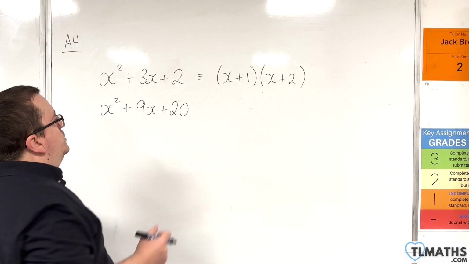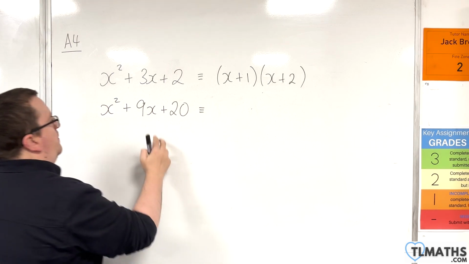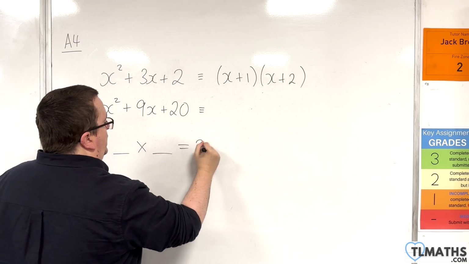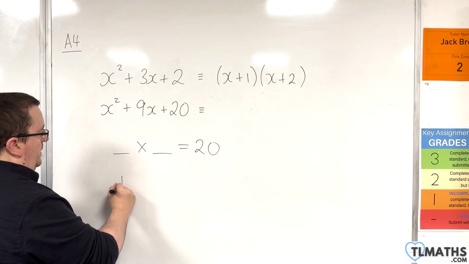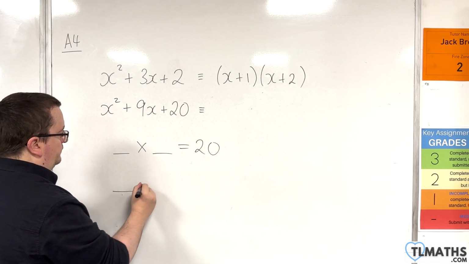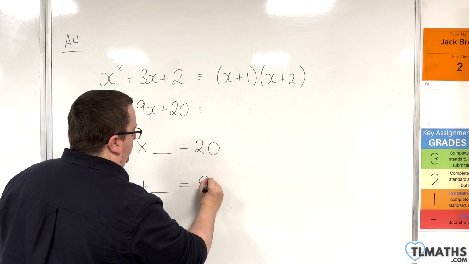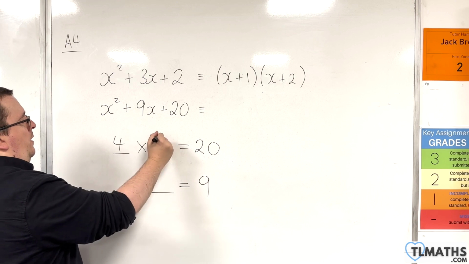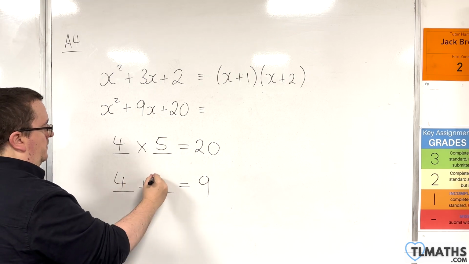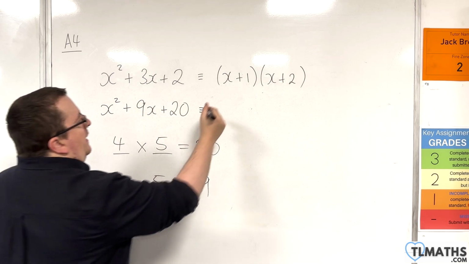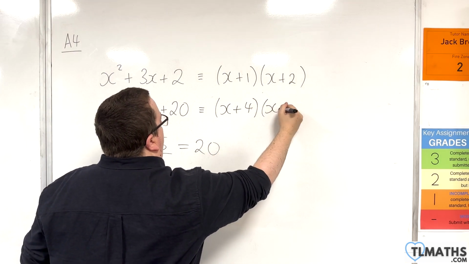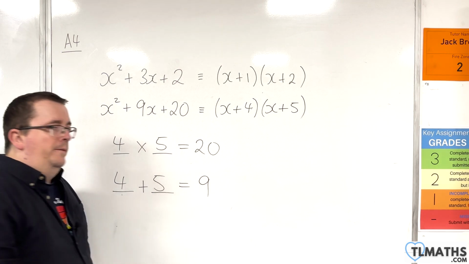You could write it out like this if it helps. And you might go, oh, well, that's 4 and 5. So that allows us to write this as x plus 4, x plus 5.